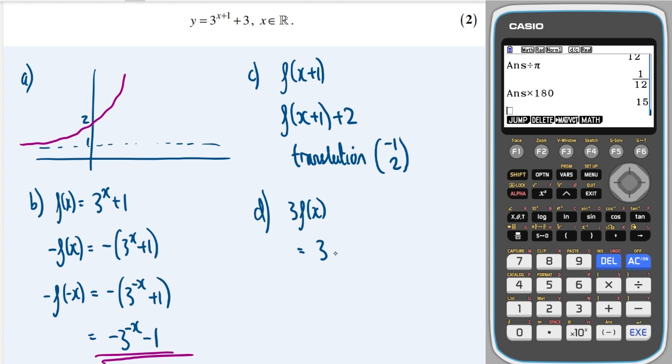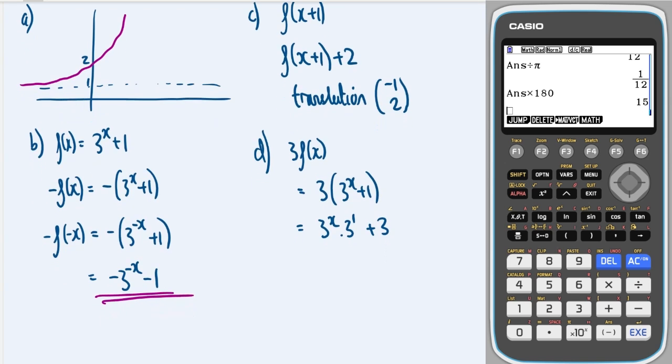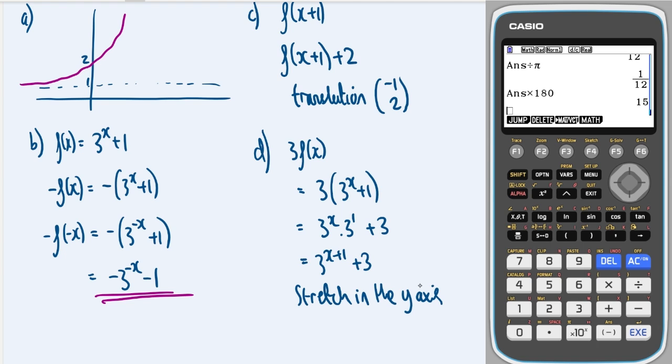It will give me 3 lots of 3 to the x plus 1, which was the function, which gives me 3 to the x times by 3, and 3 to the power 1, and then 3 multiplied by 1, which is what we need, which is 3 to the x plus 1 plus 3. And anyway, this is a stretch in the y-axis, scale factor of 3. Done.